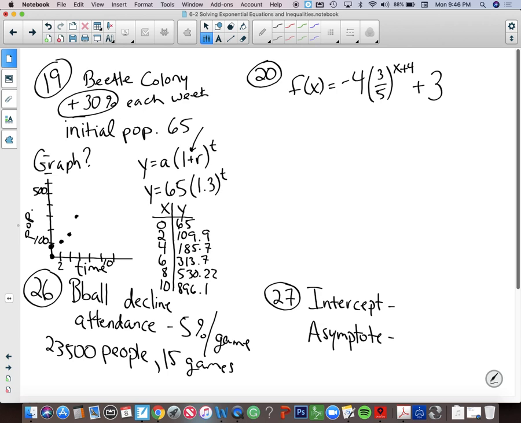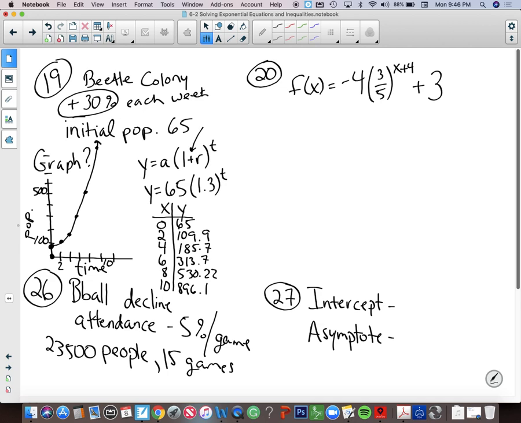Okay, so that would be around here. And then 10 is 896.1, somewhere up in there. So we can draw our function like that. So that is the graph of the beetle population in number 19. Okay?